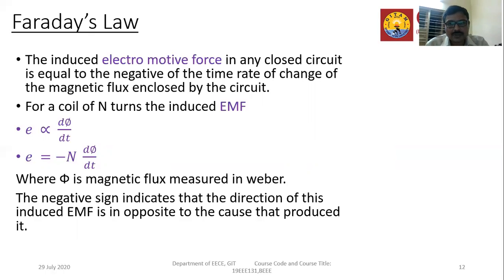So from the statement of Faraday's law, to have an induced EMF, one should have a coil with a certain number of turns and a magnetic flux, right? And that magnetic flux should be a changing magnetic flux, or we must create a change in the magnetic flux by some means. Then only there will be induced EMF in the circuit or in a conductor.